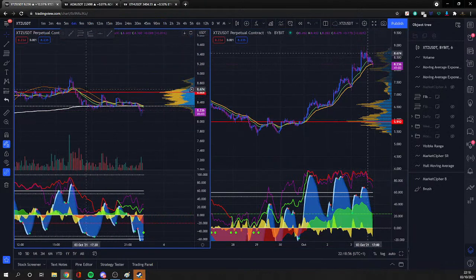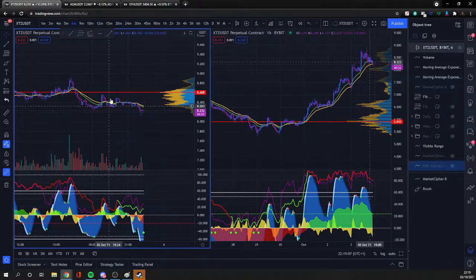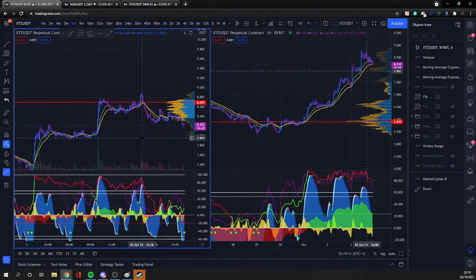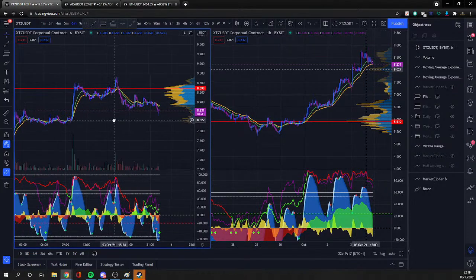You'll notice as well that I don't have the volume on the hour chart. I've only got it on the lower time frames. I feel it's a wee bit more accurate on the lower time frames. So let's have a wee look.